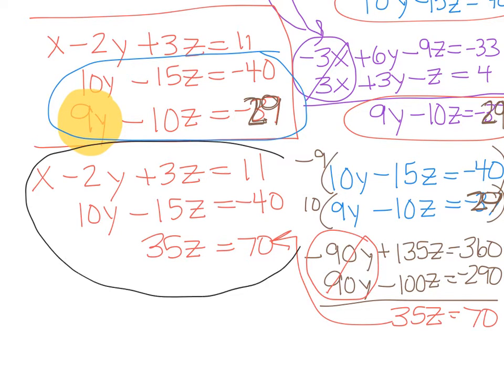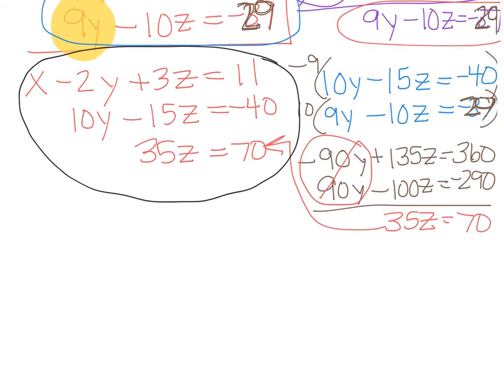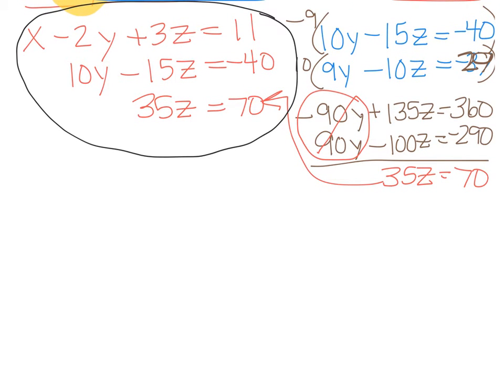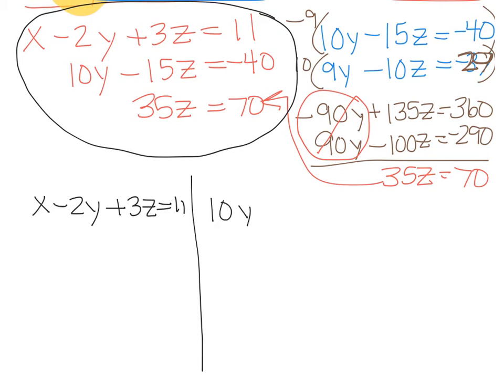Now that you have the form that was recommended with Gaussian elimination, you can now solve the system. So, I like to write all three of them next to each other. Equation 1, equation 2, and equation 3.